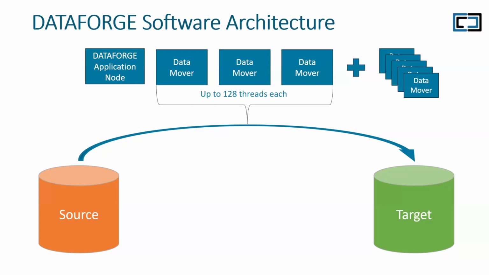Oftentimes, we run into situations where the source system may be an older version. It might be a static environment, but it could also be an active environment where users are interfacing with it at a regular cadence, which means we have to really be cognizant of effects of the migration on that infrastructure. So all of this is really designed to optimize the whole process.